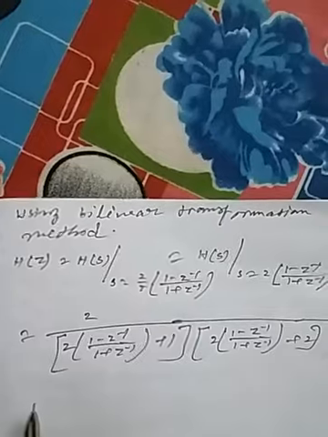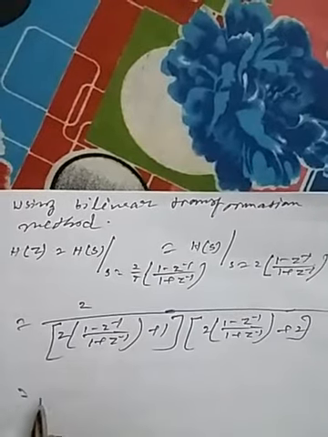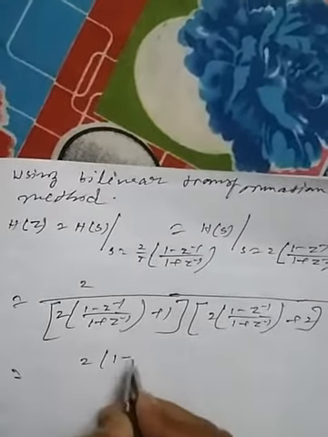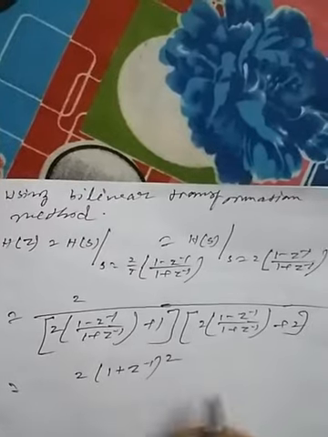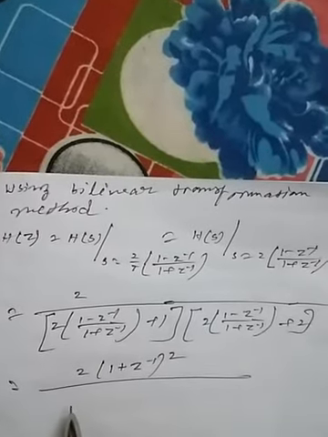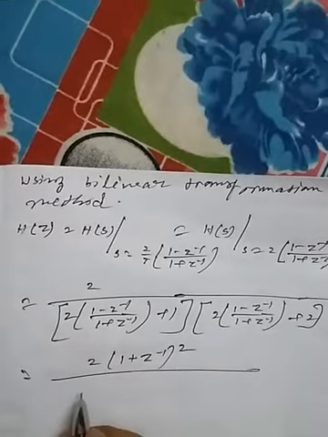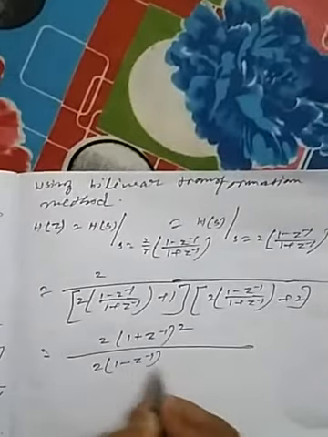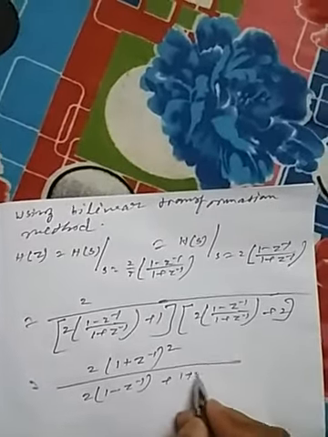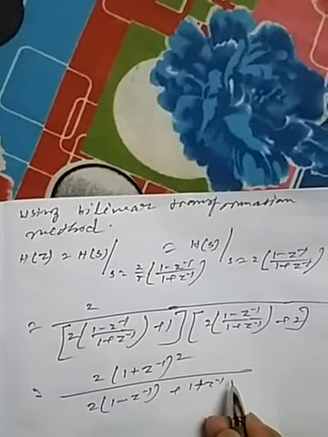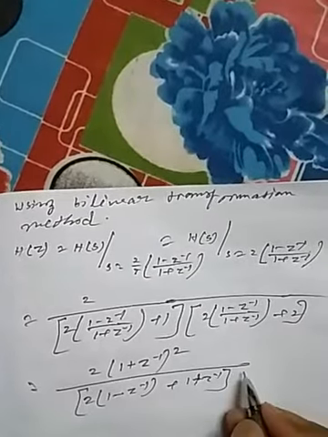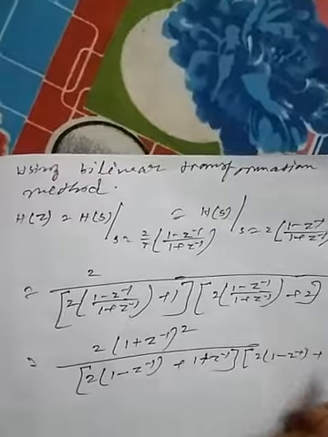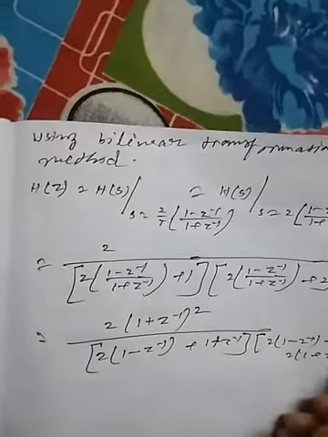Now after simplifying this we can obtain 2 into 1 plus z inverse whole square, divided by 2 into 1 minus z inverse plus 1 plus z inverse, into 2 into 1 minus z inverse plus 2 into 1 plus z inverse.